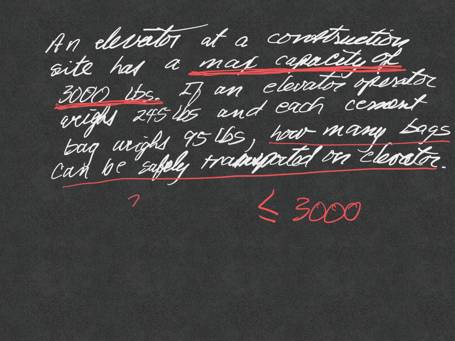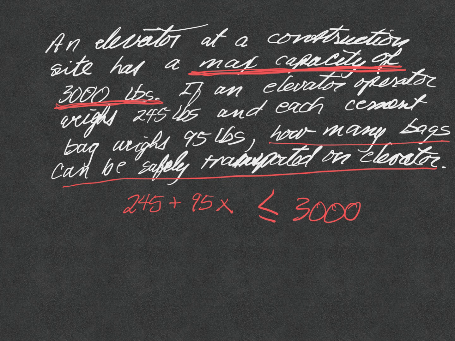I know the operator running the elevator is 245 pounds, so I'm going to add that to 95 pounds for a bag of cement. But I don't know how many bags of cement I have, so I'm going to multiply that by the variable x. So 245 pounds plus 95 times x. That represents the total weight.